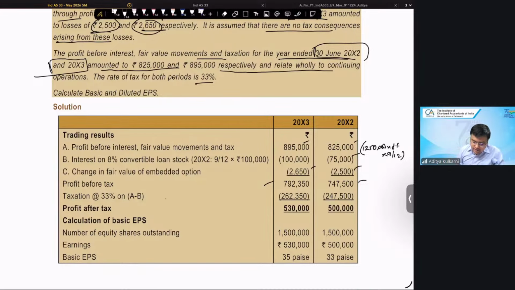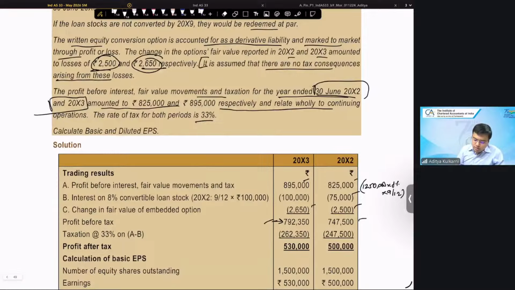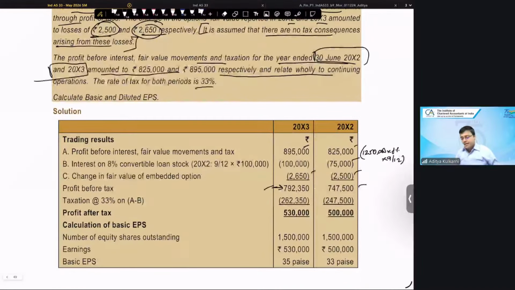Less tax at 33%. It will not be on this figure because they are saying that there are no tax consequences from these losses. So you will have to exclude those losses. So only on this you will calculate the tax, on A minus B. So 8,95,000 minus 1 lakh, so 7,95,000 into 33%.